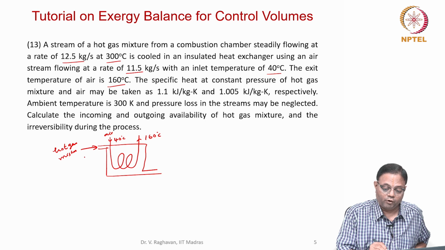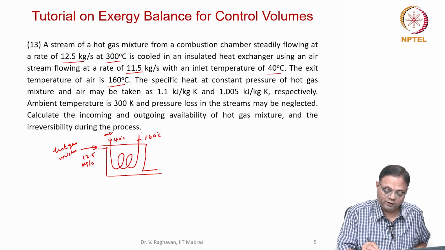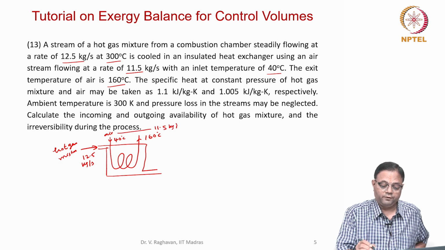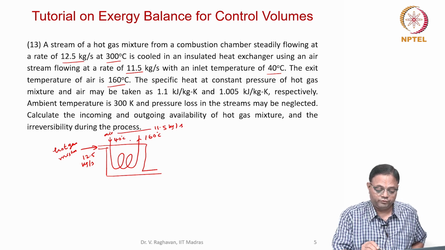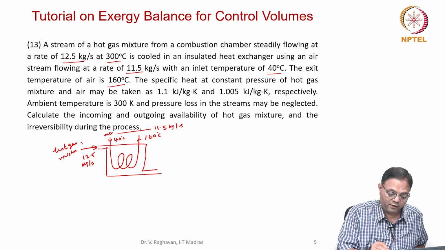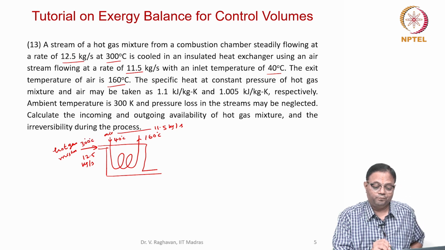So the flow rate of hot gas mixture is 12.5 kg per second. For the air, this is 11.5 kg per second, and the inlet and outlet temperatures of air are 40 and 160. Here the inlet temperature of the gas is 300 degrees centigrade. So that is what is given.